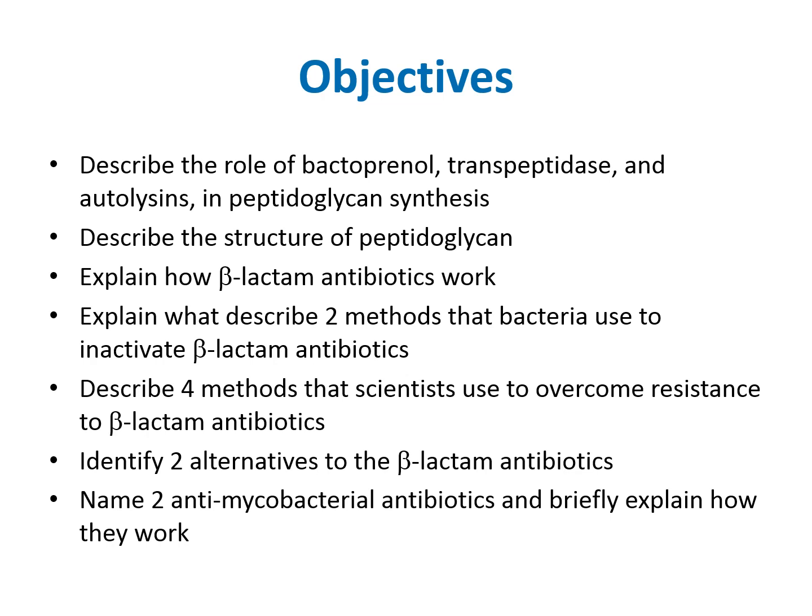Your objectives are to describe the role of bactoprenol, transpeptidase, and autolysins in peptidoglycan synthesis, to describe the structure of peptidoglycan, to explain how beta-lactam antibiotics work, to explain two methods that bacteria use to inactivate beta-lactam antibiotics, to describe 4 methods that scientists use to overcome resistance to beta-lactam antibiotics, and to identify alternatives to beta-lactam antibiotics.